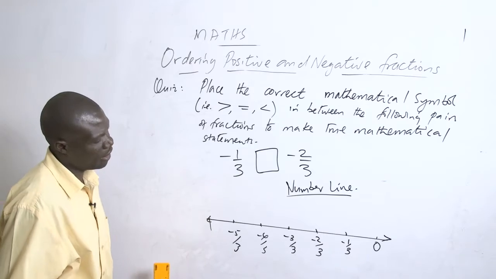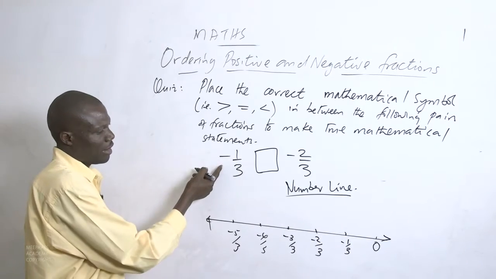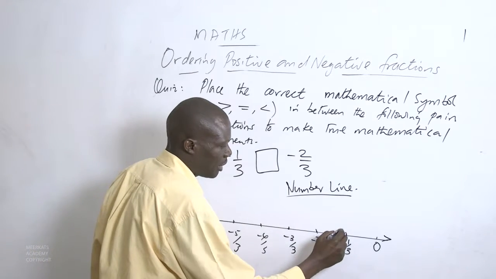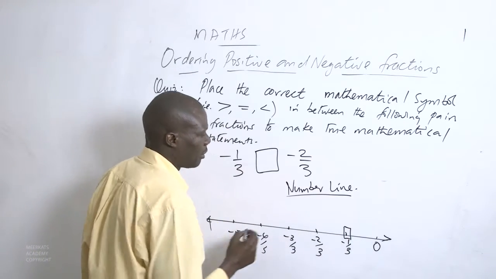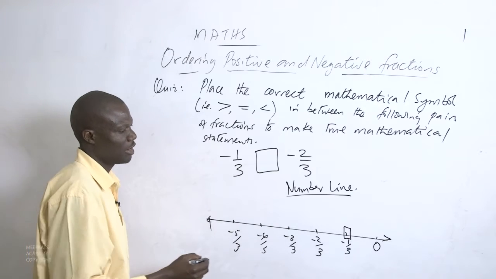From our number line, we identify the regions: negative a third is here, and negative 2/3 is here.